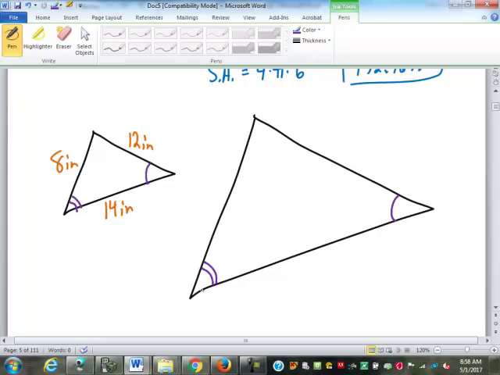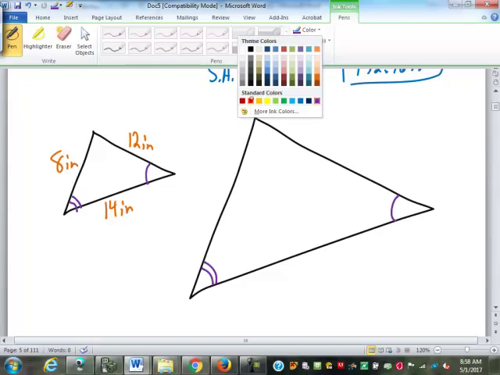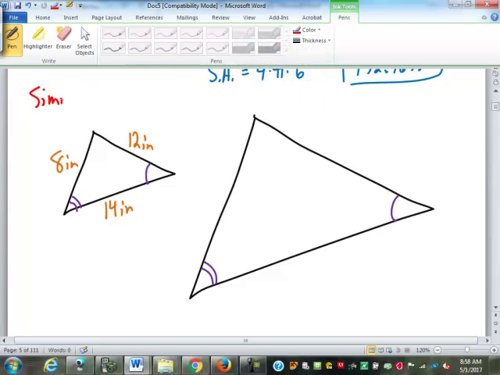And it also tells us that the big one is an enlargement of the small one. If the angles are the same, they have to be what we refer to as similar figures. So again, similar figures means one has just been enlarged or reduced from the other one.